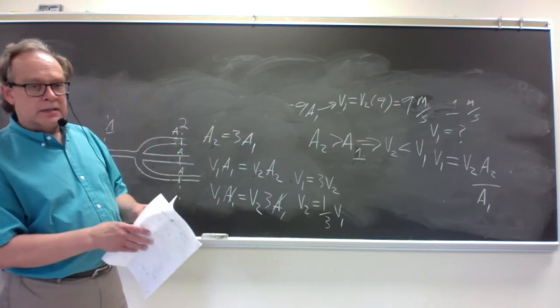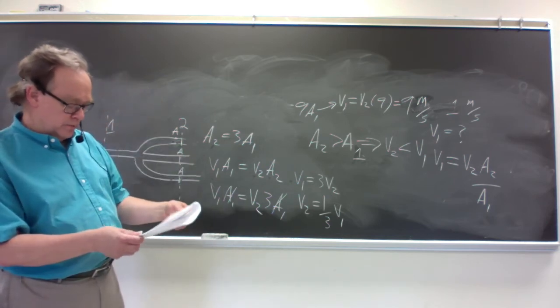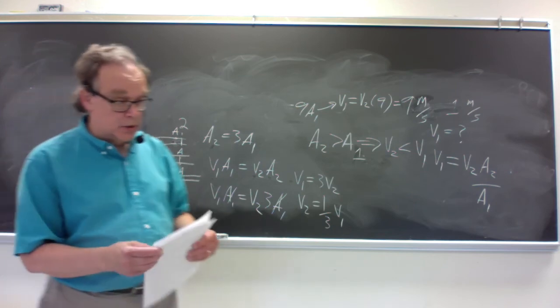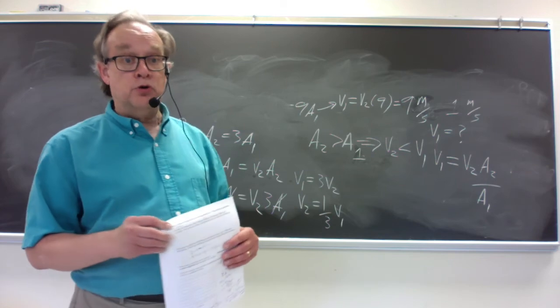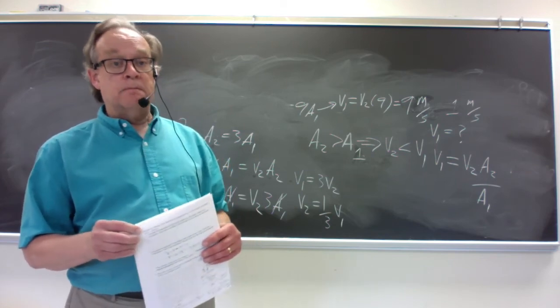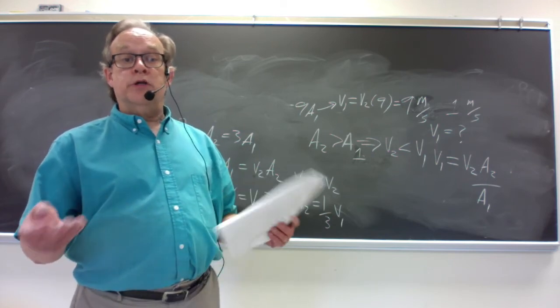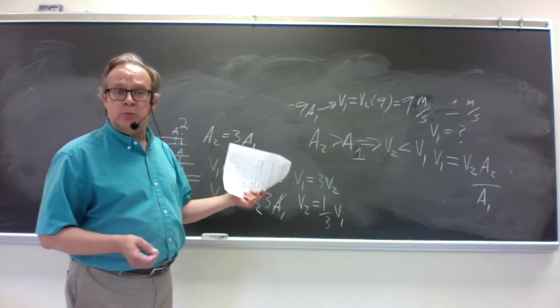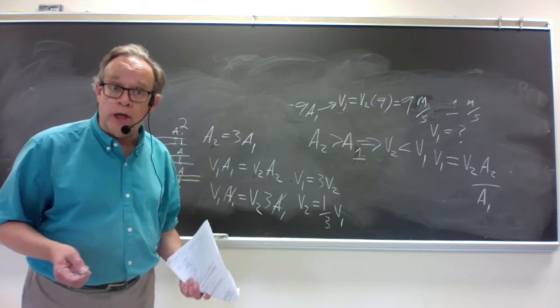That's the continuity equation. And the other idea that we think about in fluid flow is Bernoulli's principle, and Bernoulli's principle is easily expressed in an equation that in some ways is similar kind of thinking to the continuity equation.